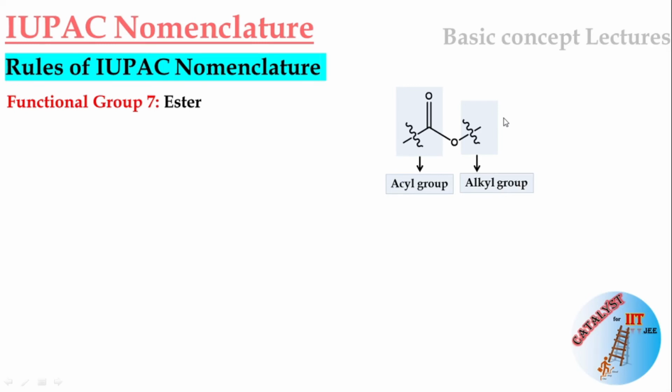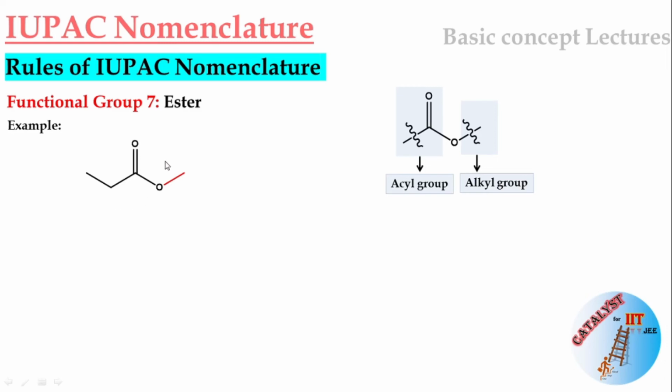So this is the only difference between carboxylic acid and ester. It has been divided into two parts. This alkyl chain with the carbonyl in it is known as your acyl group, while this side chain which is connected to oxygen, which is a replacement of your hydrogen, is your alkyl group.